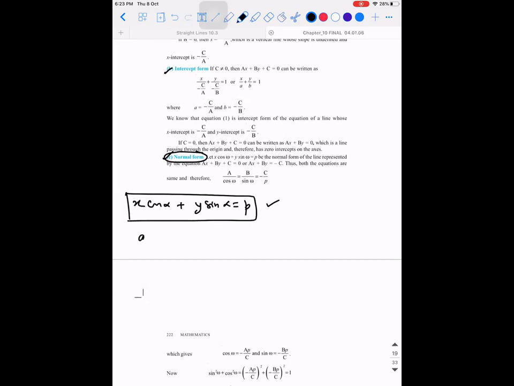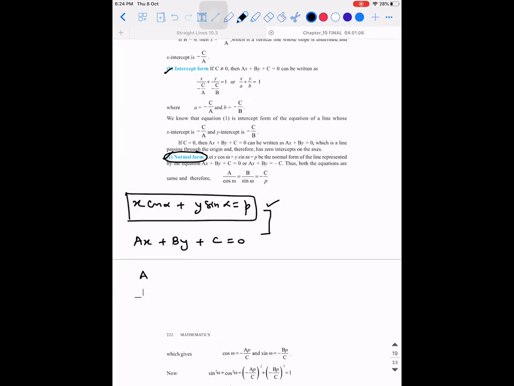But what is given to us? Ax plus by plus c is equal to 0, right? So first we need to bring it in this format. So how are you going to do this? This is the question. Let me say the equation of line that they have taken in the textbook is ax plus by plus c is equal to 0. First, for them to be equal, you need a non-zero value on the right hand side.